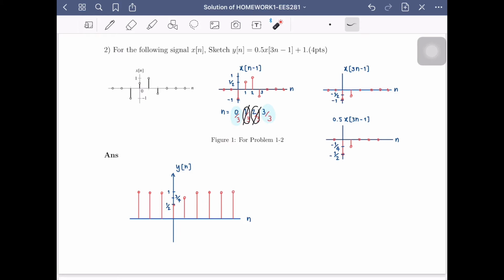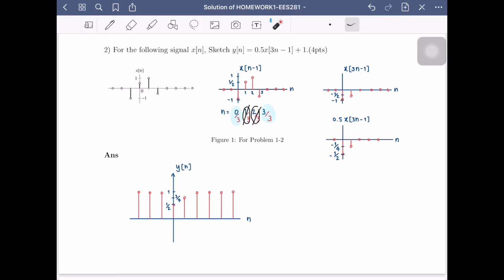Then we multiply it by 1/2 or 0.5. As previously, we have magnitudes of -1 and -1/2. So we multiply with 0.5, which changes to -1/2 and -1/4.